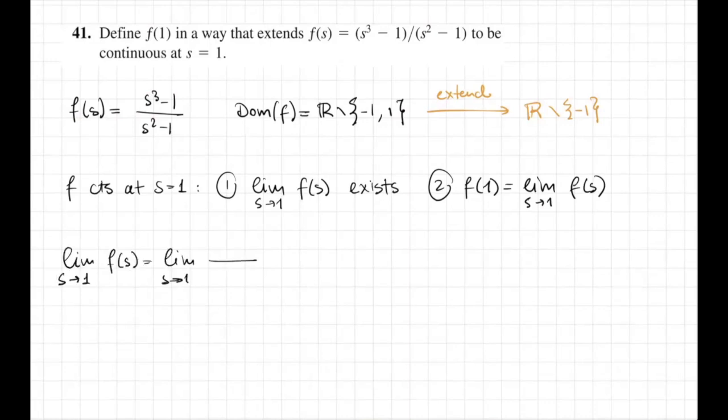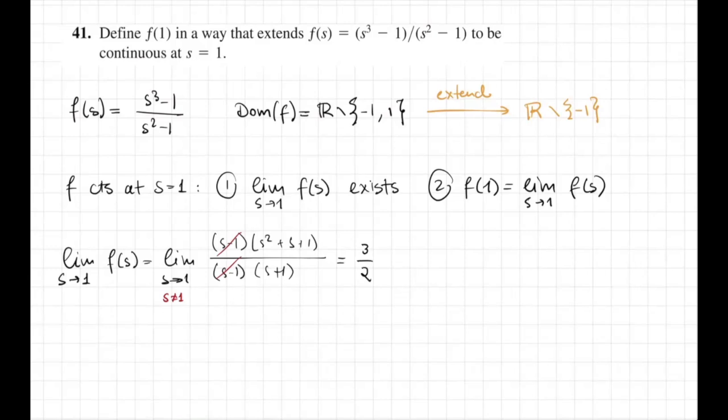Instead of s cubed minus 1 over s squared minus 1, I will just use their factors. As x goes to 1, we always assume that s is also not equal to 1, right? So we can cancel these two and just plug in 1 to get 3 over 2.